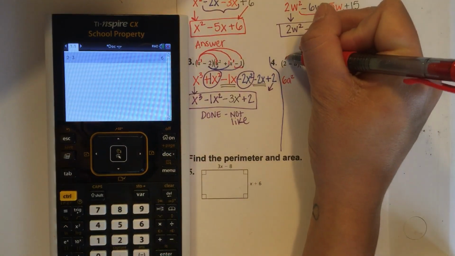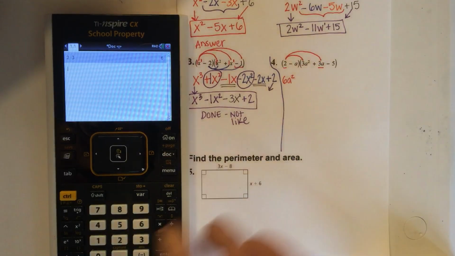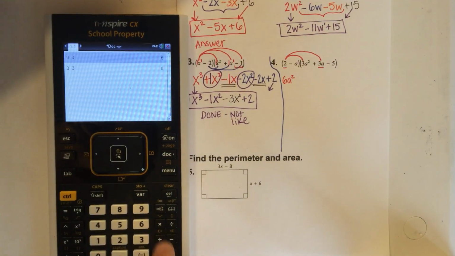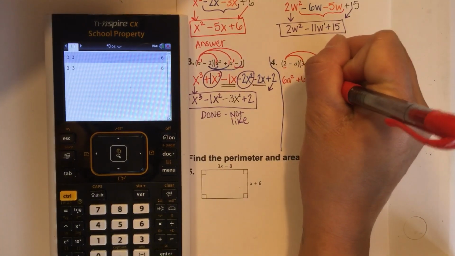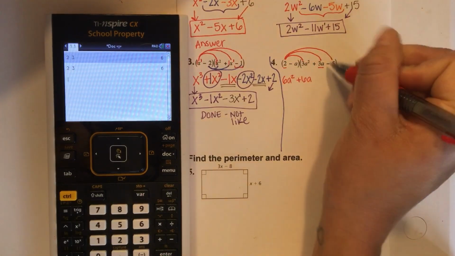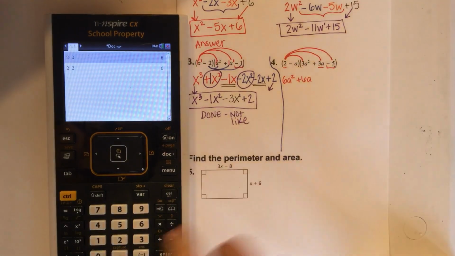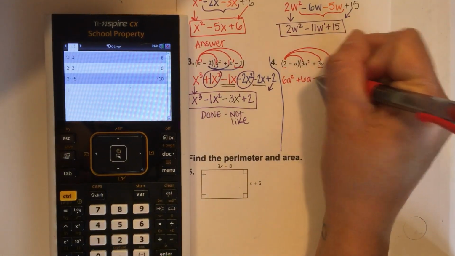Now we're going to take 2 again and multiply it with 3a. So 2 times 3 is 6. This time we get a plus 6a. Now we're going to take a 2 and we're going to multiply it with a negative 5. So 2 times a negative 5. Negative 10. There's no letter here, so negative 10.